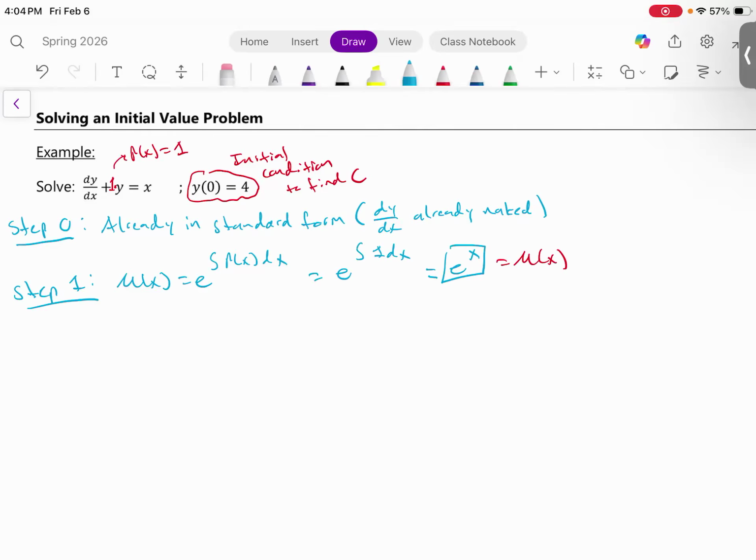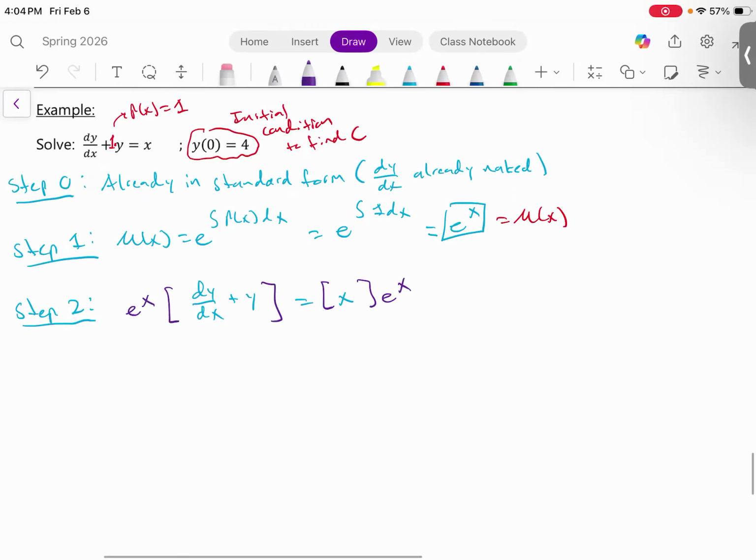Okay, step 2, we take this mu and multiply it on both sides. So what I would have is e to the x times dy over dx plus y equals x times e to the x.